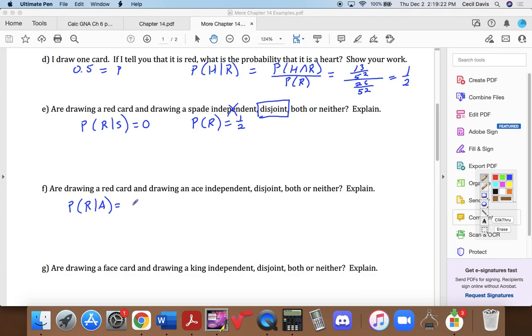Now, let's go ahead and do it by the formula. The probability it's red and an ace divided by the probability that it's an ace. So what's the probability that it's red and an ace?